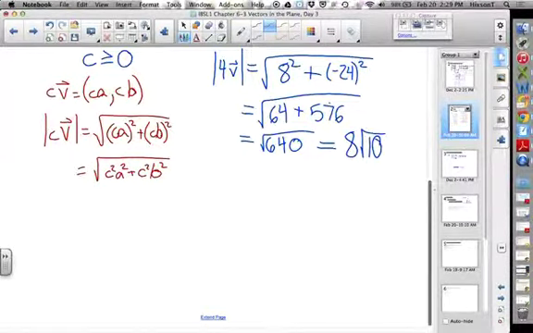Can you guys see what we can do with that? Factor. They both have a c squared. So I'm taking the square root now of c squared times a squared plus b squared. Now, since this is multiplication, what can I do?